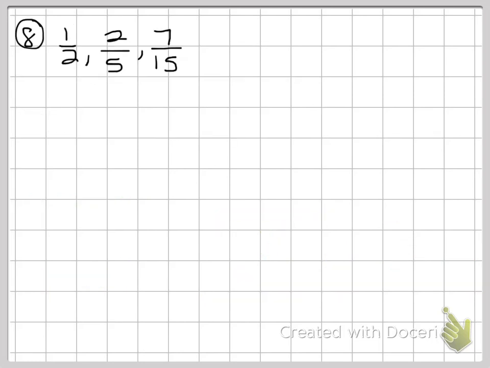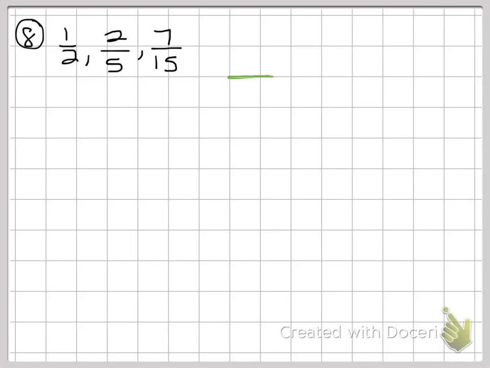Let's do one more example when we have fractions. You've heard of smaller the denominator, bigger the pieces, things like that. Just for practicing and using this lesson, we're going to change them all into decimals and then arrange them. Before I even do that, I know that half is already the greatest fraction here, because 2/5 is less than half and 7/15 is less than half.